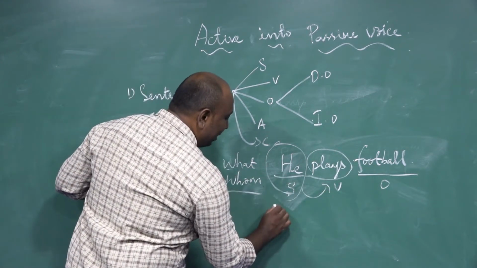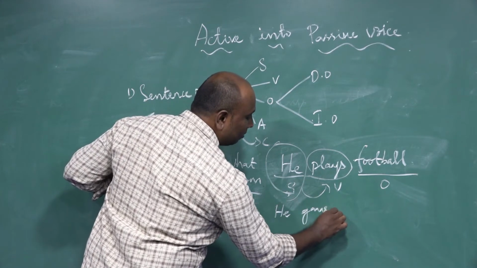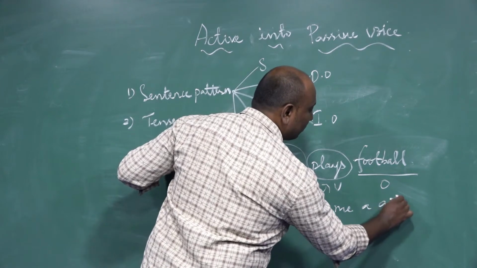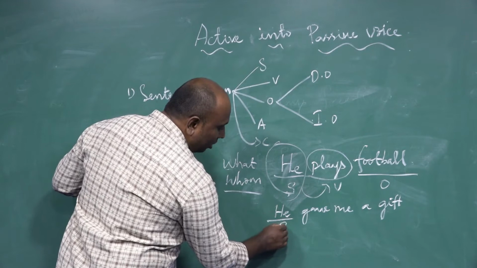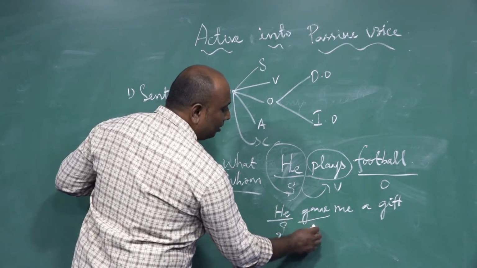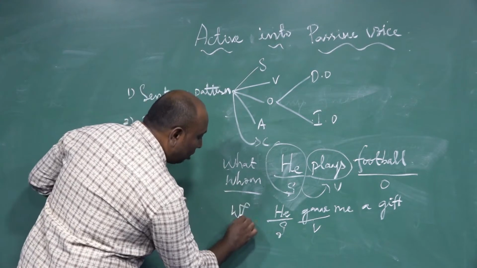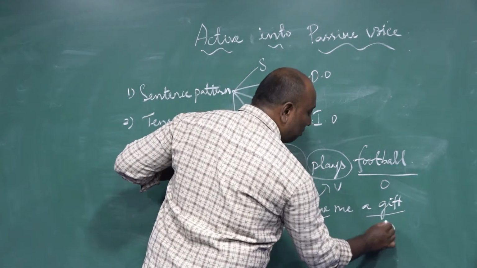So whom? For example, he gave me a gift. Look at this sentence. The whole sentence talks about he, and the action done by the subject is gave. What he gave? We are getting an answer here, the object.